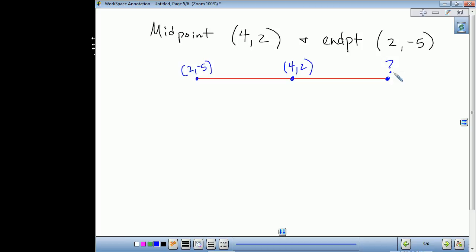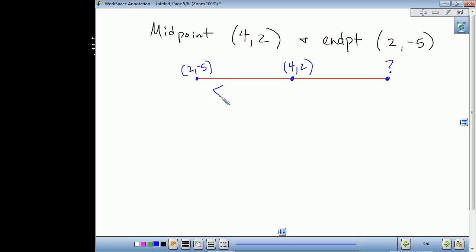Now, there's a couple ways we can do this. We can plug it into that midpoint formula. But the easier way is to think about it in terms of vectors. How do I move from this point to get to this point? Because that exact same move will take me to the other endpoint from the midpoint. At 2, 3. Okay?